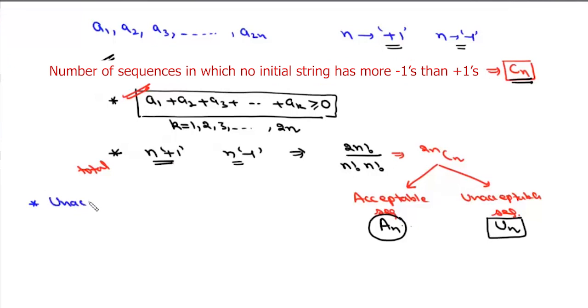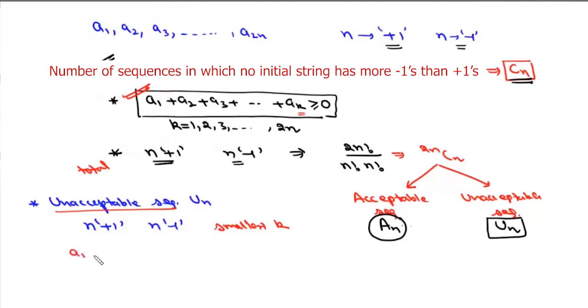So what we'll do is we'll consider an unacceptable sequence un formed from n plus 1s and n minus 1s, and since it is unacceptable, there must be at least one smallest k which doesn't satisfy this property.